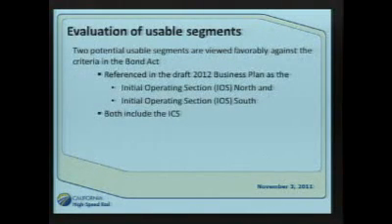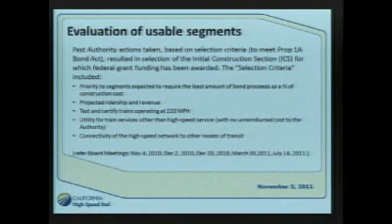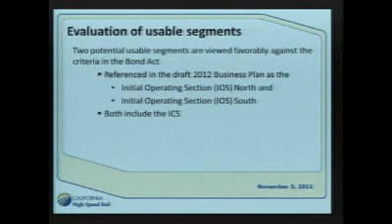So in fact, we have been working to do evaluations of the alignments according to the requirements of both the Bond Act and secondly also of the ARA legal requirements. The evaluation of such usable segments has pointed us clearly to 2 potential usable segments which we view favorably and that meet the criteria of the Bond Act. And these are referenced, and that's why I wanted to present the business plan first.